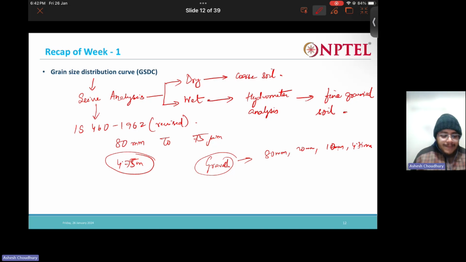For the material that passes through 4.75, we need to do the fine sieve analysis. The earlier one was the coarse sieve analysis.